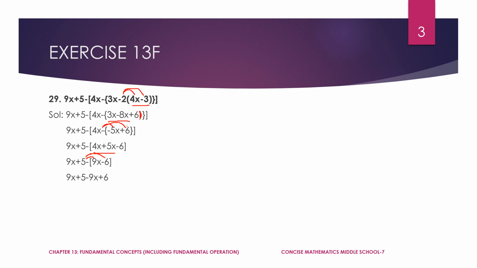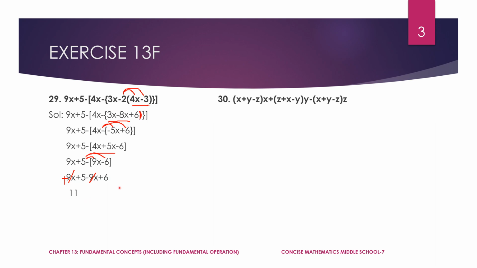Right? Now you can just cancel this 9x and 9x because both are like terms with opposite signs. One has a plus sign and one has a minus sign, so you can just cancel and neglect them. Now 6 plus 5 will be 11.